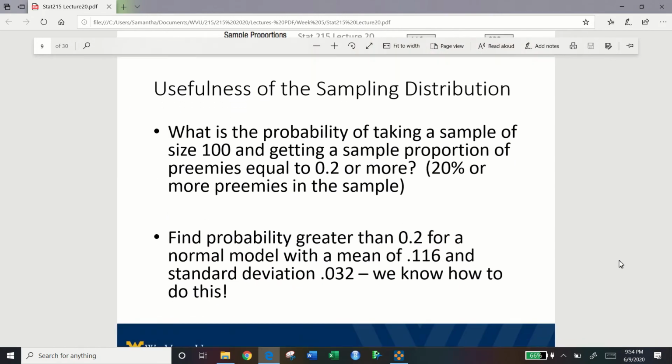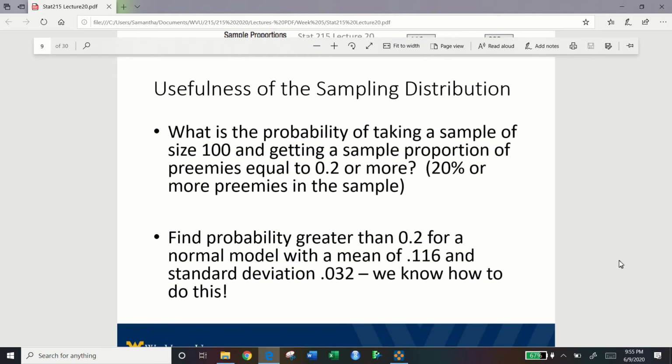Let's talk about the usefulness of the sampling distribution. So what is the probability of taking a sample of size 100 and getting a sample proportion of preemies equal to 0.2 or more, meaning 20% more preemies in the sample? Well, we could find the probability greater than 0.2 for our normal model with a mean of 0.116 and standard deviation 0.032.